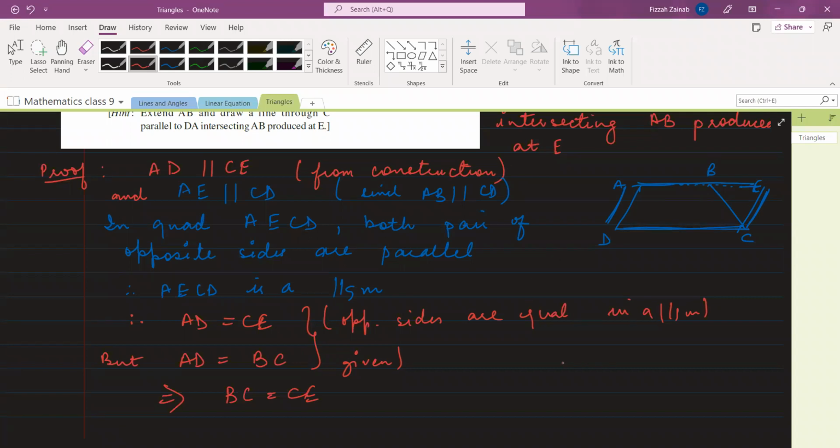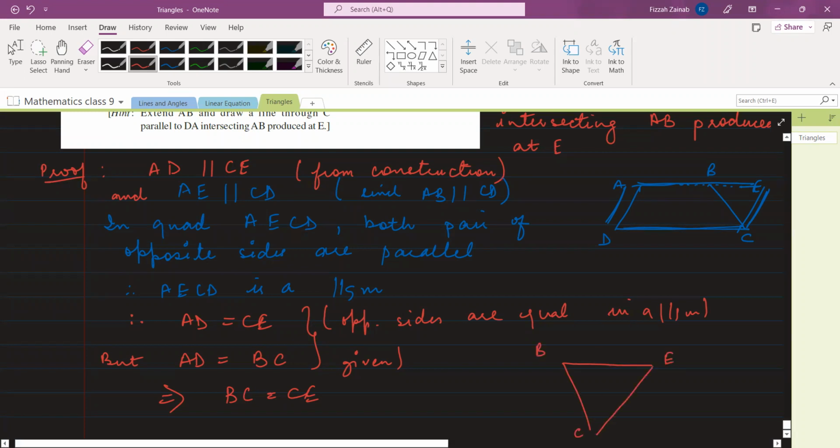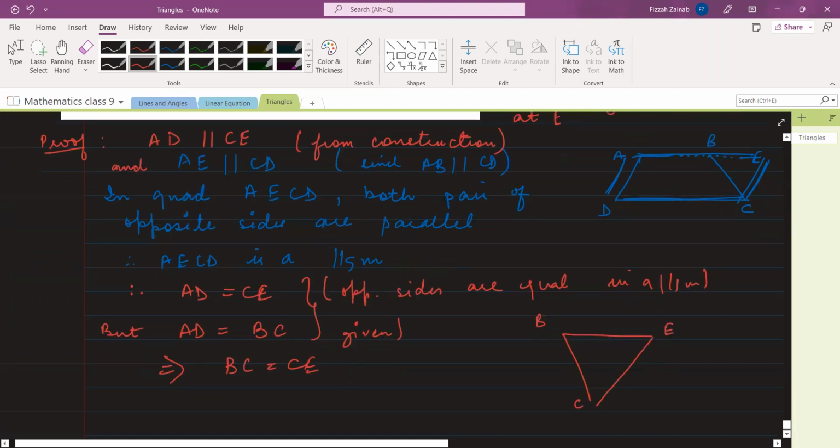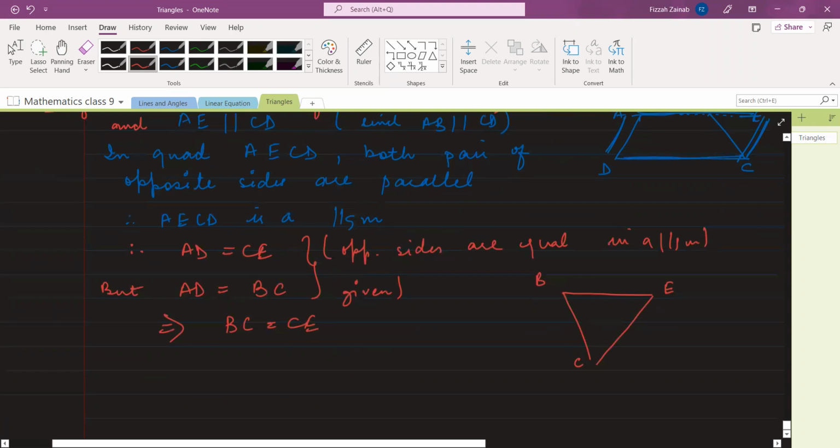Right. Yes. Now you look at this triangle. This is the triangle BEC. You can draw a small triangle separately so that you remember what we are doing. So this is BEC. Now in this triangle, this side BC is equal to this side CE. So that means this angle is going to be equal to this angle, right?